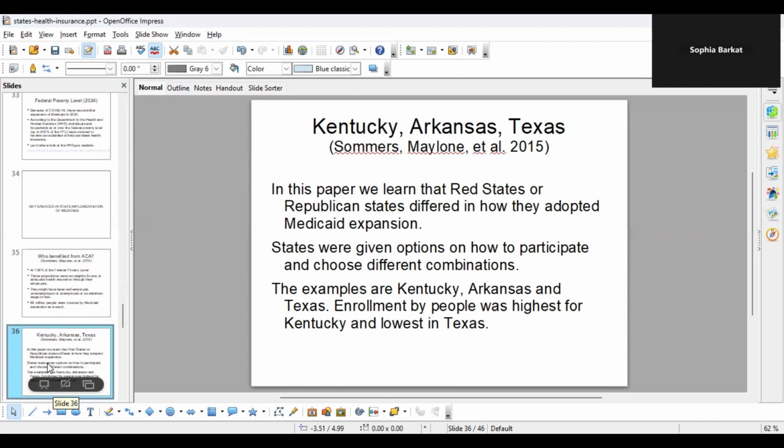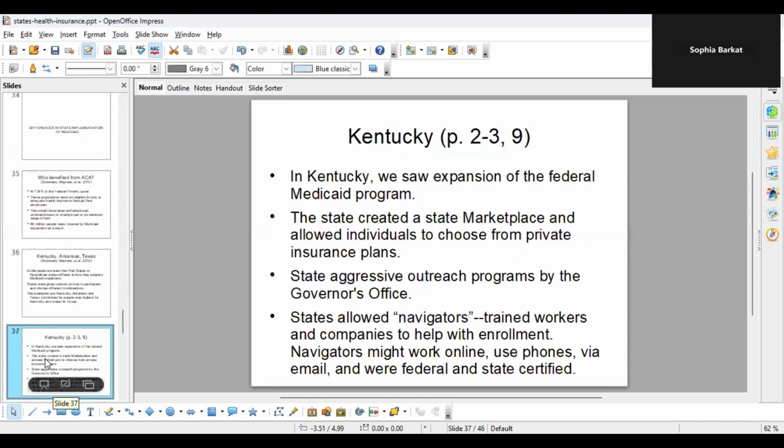States were given options on how to participate. So let's look at Kentucky, Arkansas, and Texas. Enrollment numbers by people were highest for Kentucky and lowest for Texas. What happened in Kentucky?